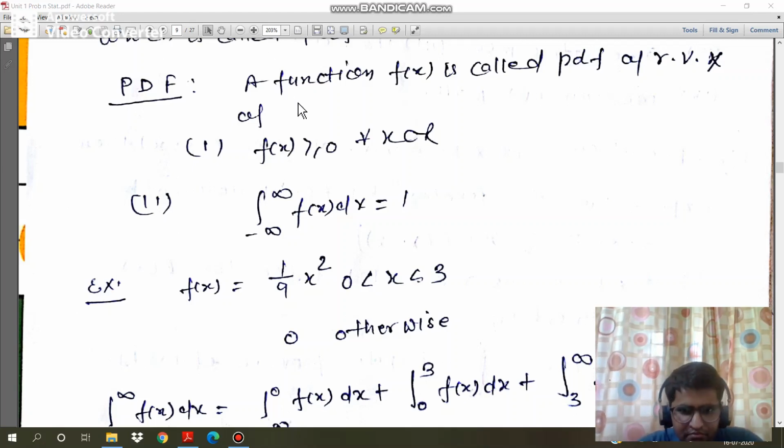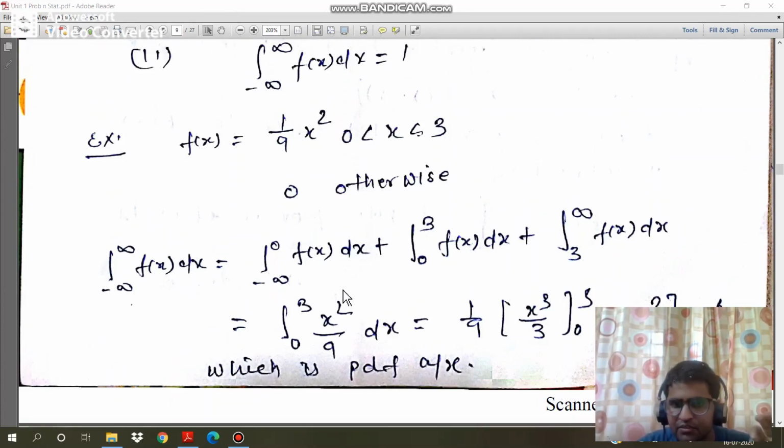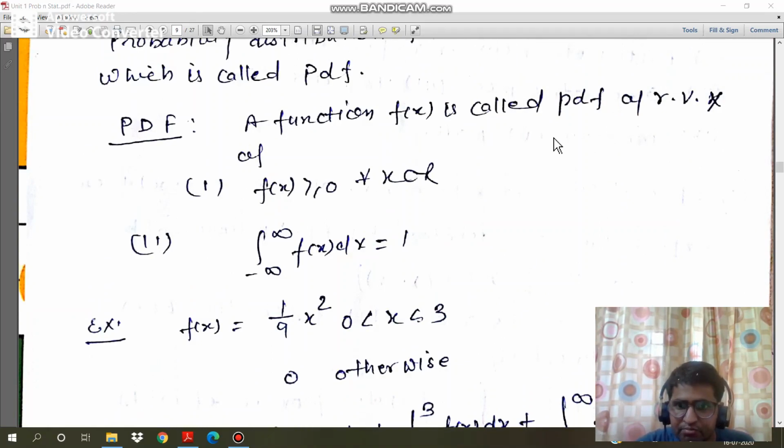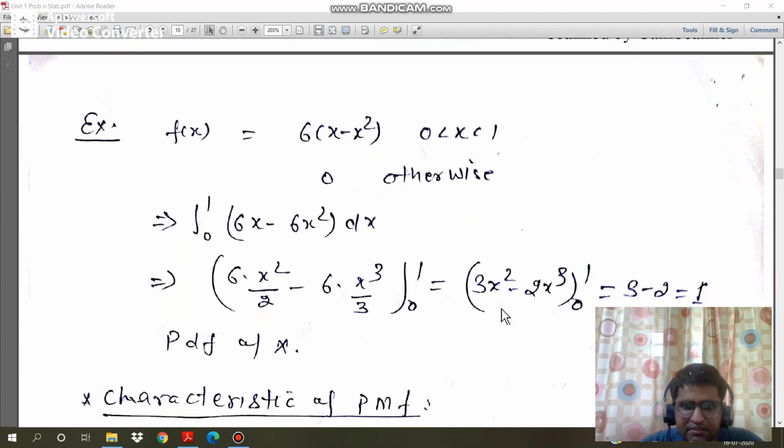You must remember one thing: when we say discrete random variable, we must say probability mass function, and if we are talking about a continuous random variable, we must say PDF, probability density function.